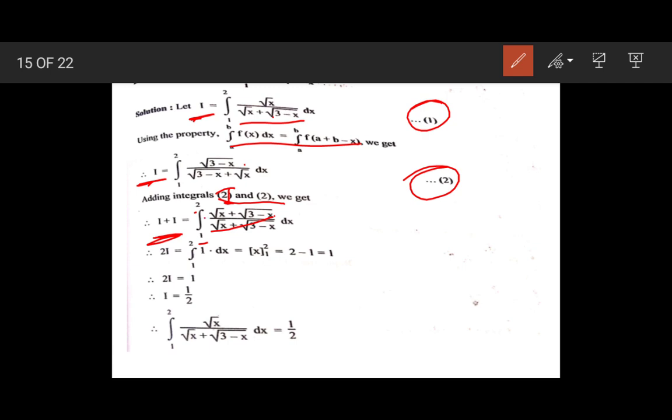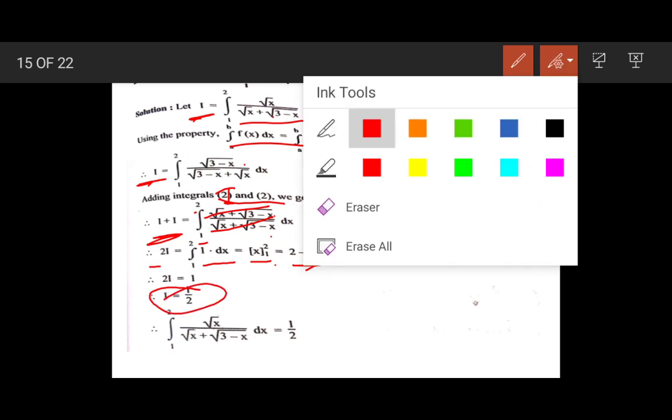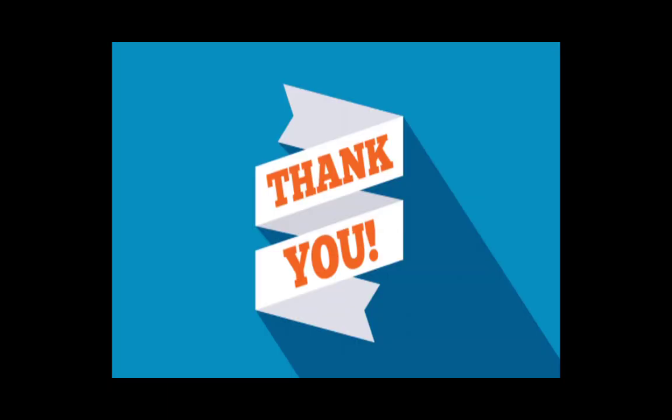The same terms cancel out. So 2I is equal to integral 1 to 2 of 1 dx. The integral of 1 is x, and the limits 1 to 2 give 2 minus 1, which is 1. So finally I is equal to 1 upon 2. So the integral is 1 upon 2.